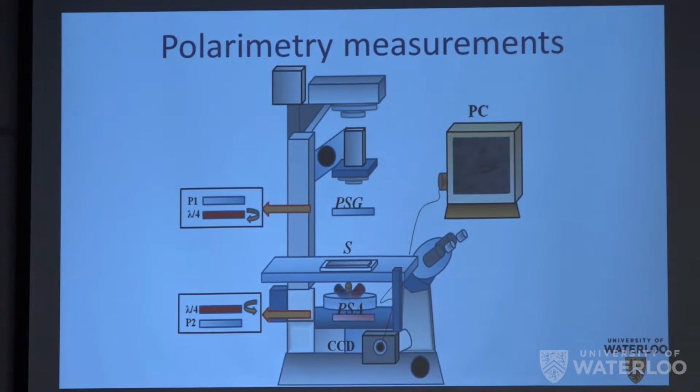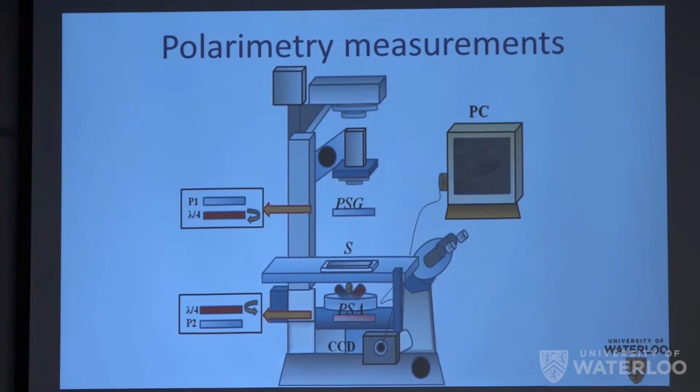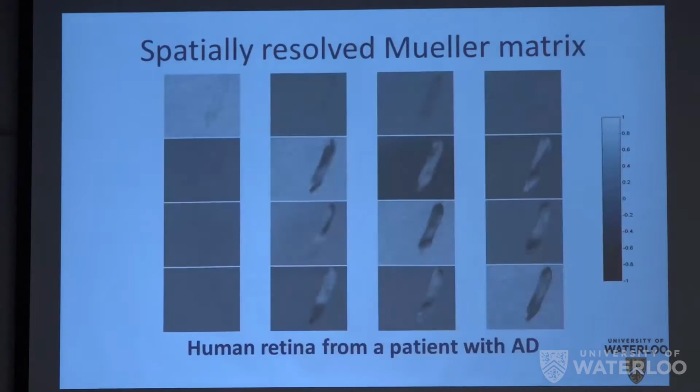We choose 4 positions of each of these 2, and so we take 16 images of our sample. And these are images in transmission in the microscope.